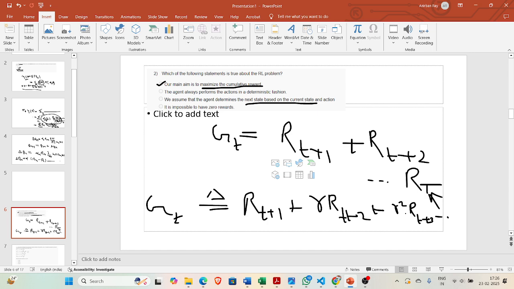Like dot dot dot, gamma to the power n it goes to. So the thing is that gamma is almost always, or always, only between 0 and 1.